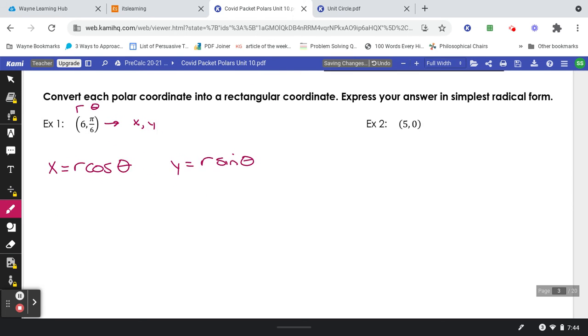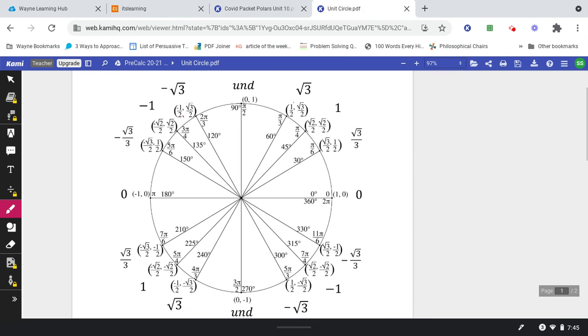All right, here's how this works. We're going to plug in the 6, and then cosine of the pi over 6, the angle. And I'm going to do that same thing over here, 6 sine of pi over 6. And cosine of pi over 6 and sine of pi over 6 we can find on our unit circle. So I'm going to flip over to my unit circle.